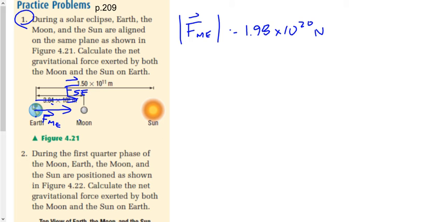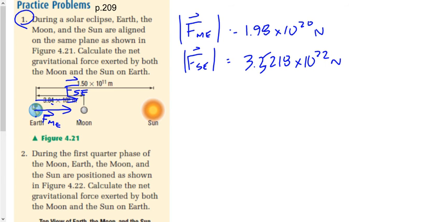Good. And what about the force of the sun on the Earth? We calculated that yesterday for the example question as well. That was a bigger force, wasn't it? Something times 10 to the 22. Let's go a couple more decimal places for that one. Times 10 to the 22.